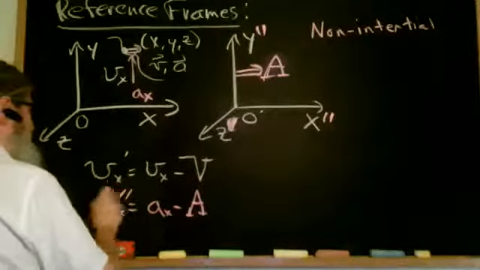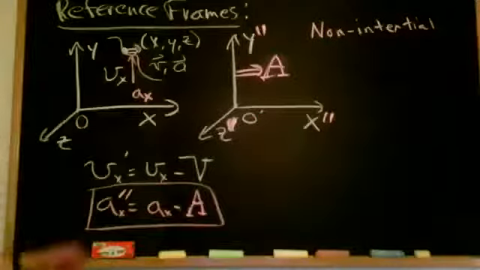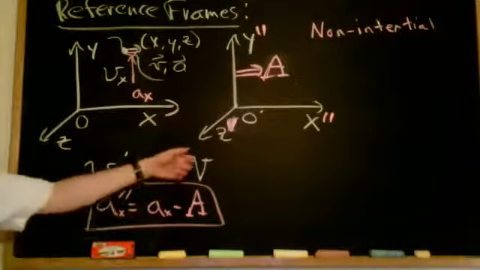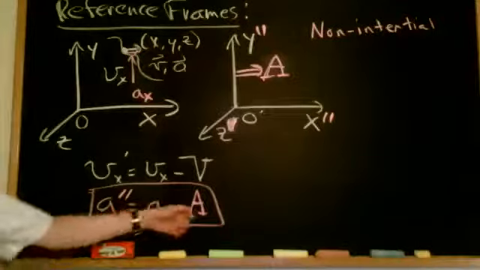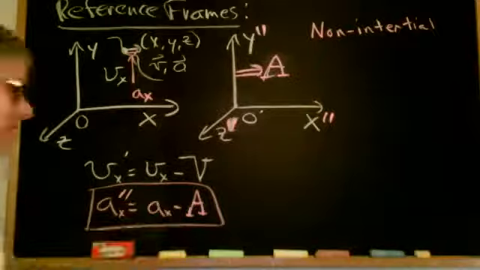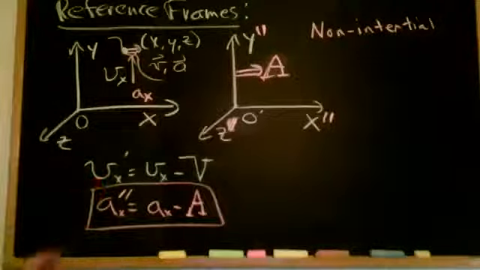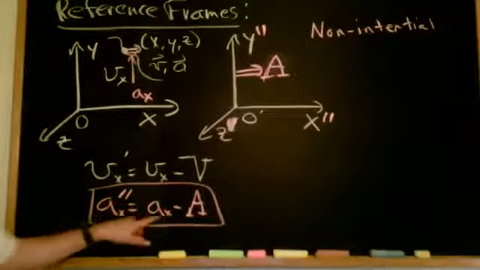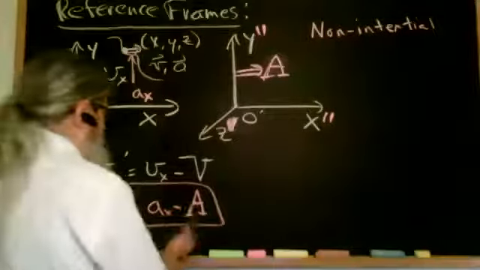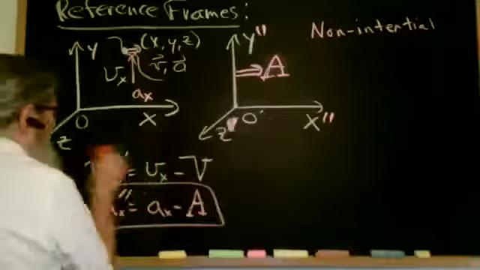So in other words, when I go into a moving reference frame, whether that's constant velocity or constant acceleration, the property of relevance is basically a subtraction scheme. So we now have a mechanism for going from a non-accelerated reference frame to an accelerated reference frame. We just subtract the acceleration.